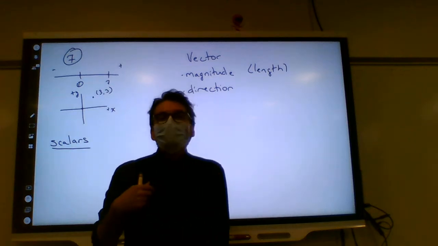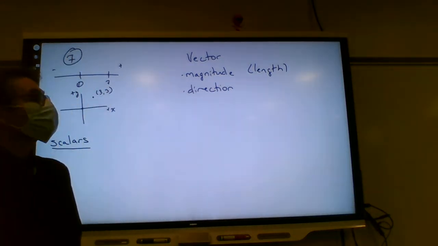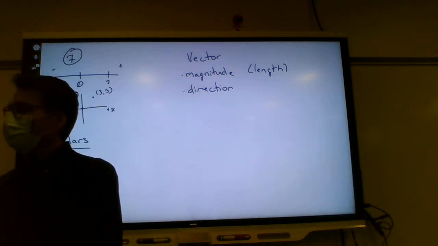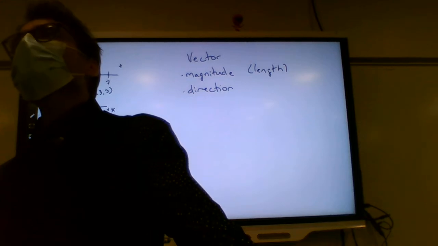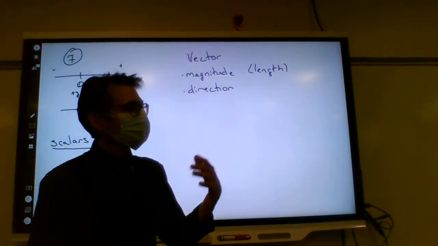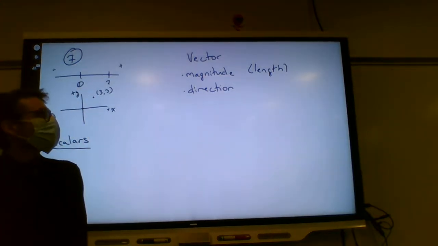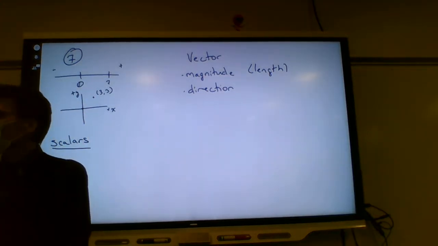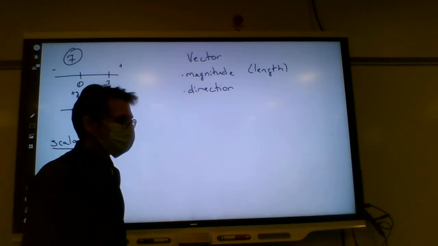There's an algebraic approach that involves putting coordinates in place, but there's the geometric approach, and that's what we care mostly about for our purposes, but we will consider these together, geometry and algebra, as appropriate. But there's a magnitude and a direction. So we have some length associated with it and a direction associated with it.